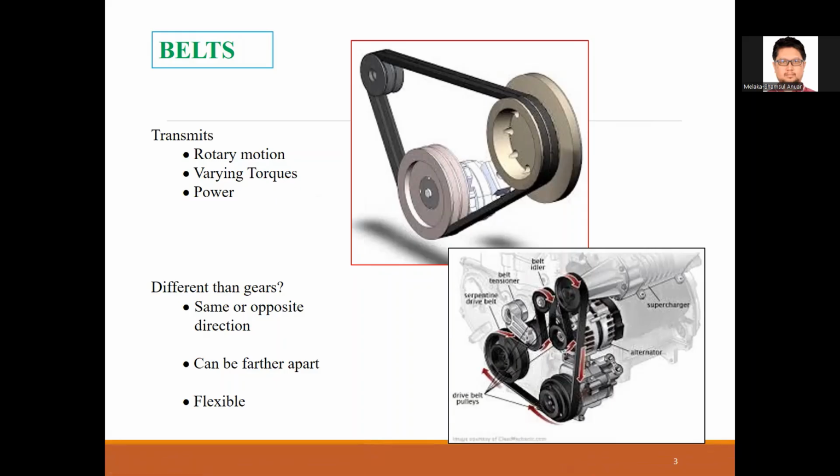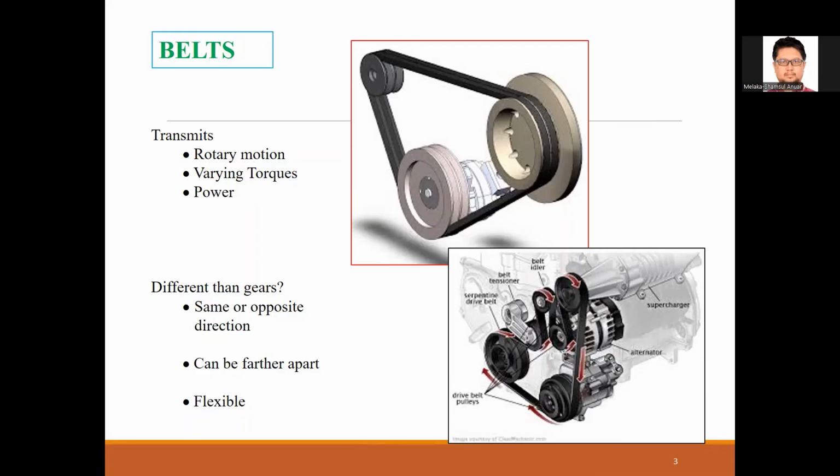Using gears will be impractical, even though gears have higher efficiency, because of the distance. Why do you put them far apart? Okay, I remember when I was studying, sometimes I had to go upstairs to the office on the top floor, and I had to go through the room where they put the motor, or the power thing for the elevator lift system.